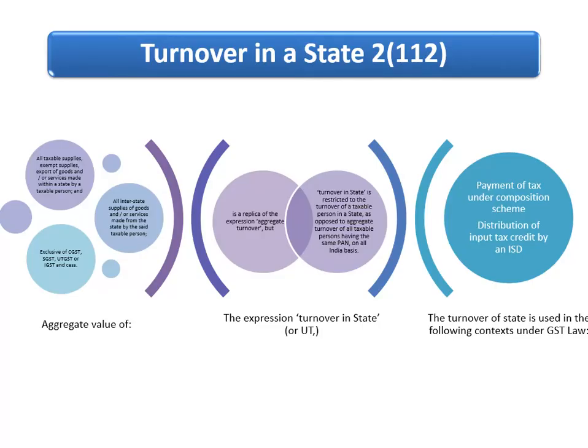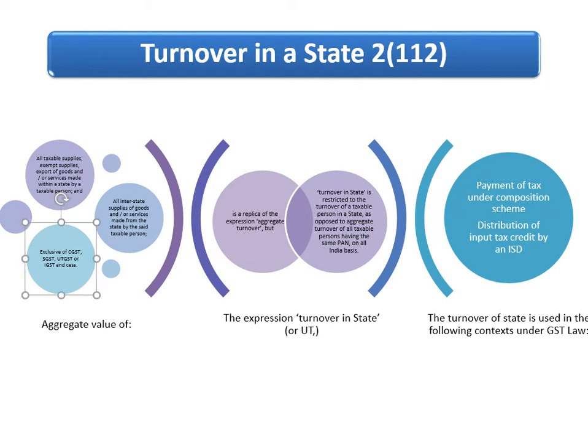Speaking about turnover. Now, turnover simply means all taxable supplies, exempt supplies, export of goods or service made within a state by a taxable person. Right. So this is turnover in state.